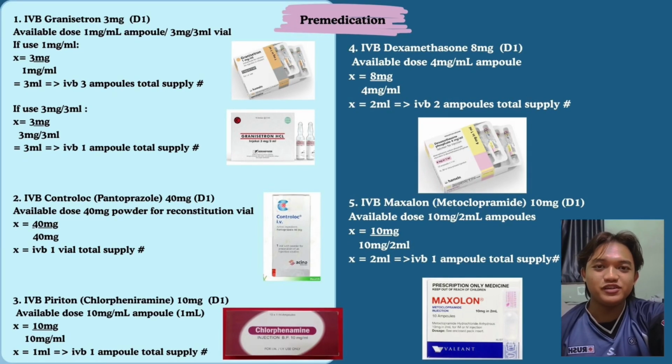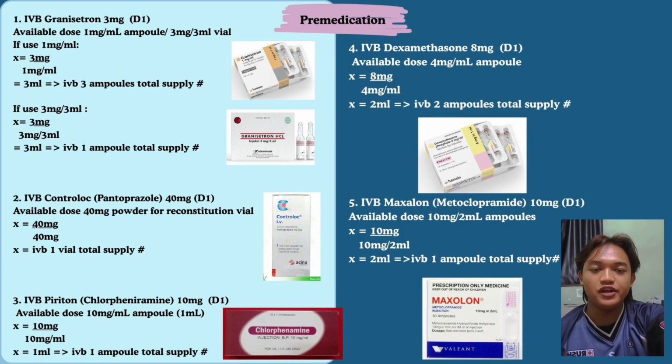Hi, my name is Muhammad Rashab Rahmat and today I'm going to present about pre-medication calculation. First, the doctor prescribed IVB granisetron 3 mg for day 1. Available dose is 1 mg per 1 ml ampule and 3 mg per 3 ml vial.